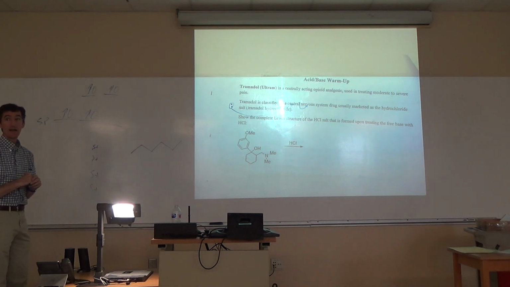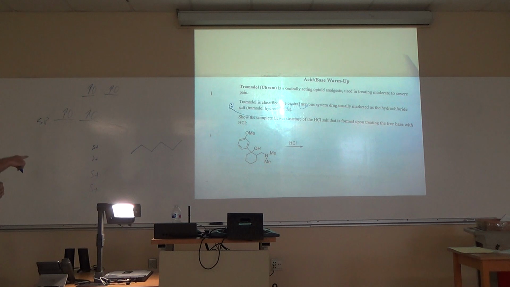Hydrochloric acid, HCl. That's easy. What's the base in this reaction? I thought someone was going to say the drug. And I would say, yes, you're right, the drug is the base. But what atom of the drug? The OH.